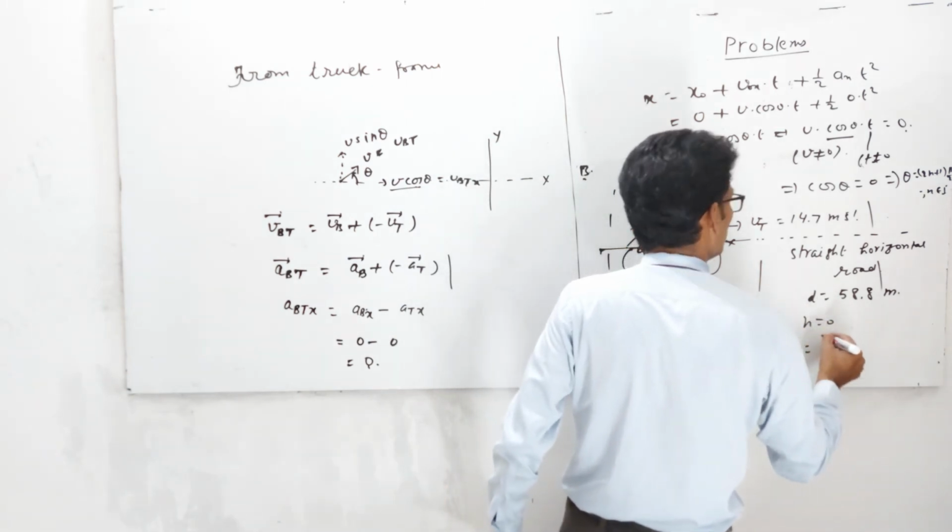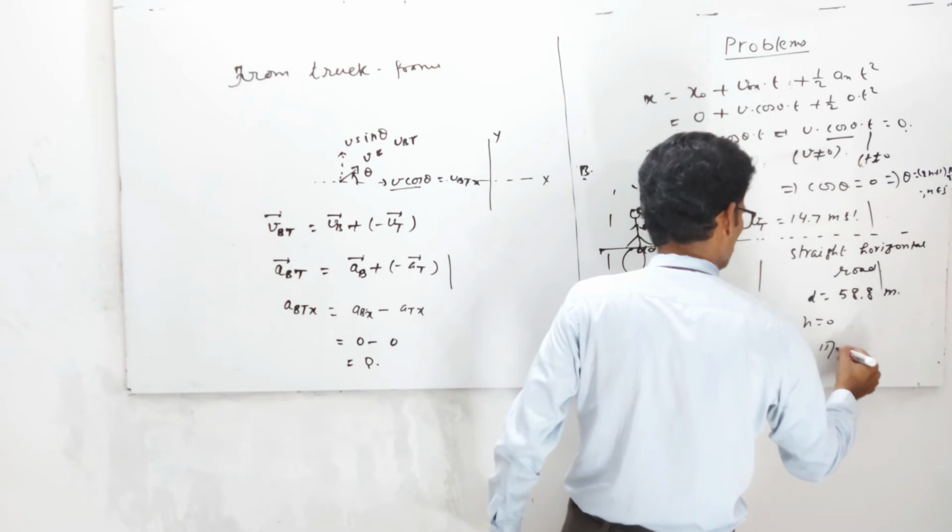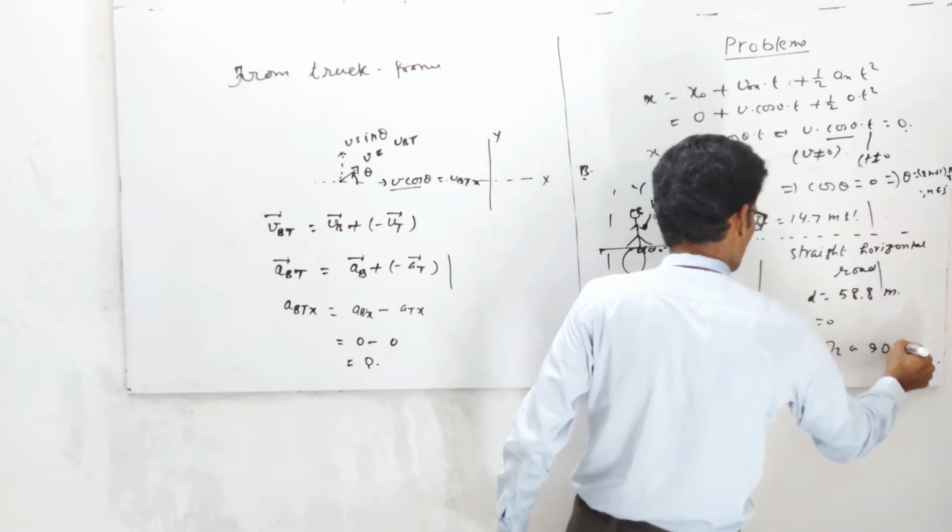So theta is equal to pi by 2, or equivalently in degree measure, 90 degrees.